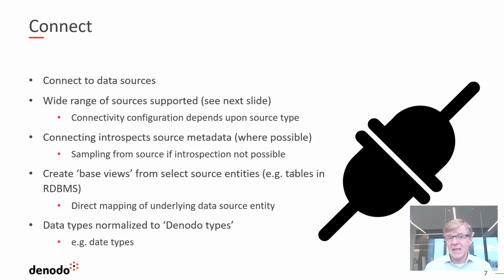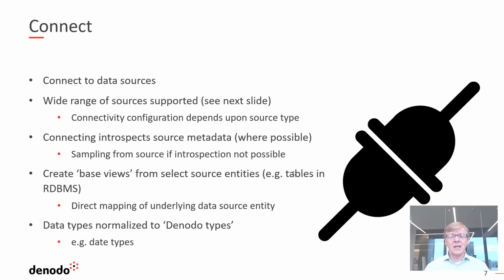It could be a table in a database, for example. The data virtualization platform will go and ingest the metadata from that data source, where that metadata is available. So again, if we're building a base view on top of a table in, say, an Oracle database, the data virtualization platform will go and grab the schema for that particular table and use that to build the corresponding base view in the Denodo platform.